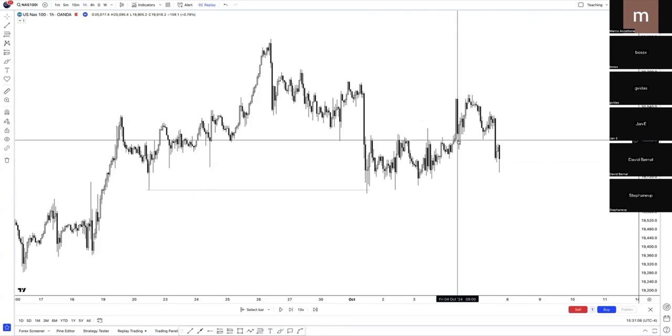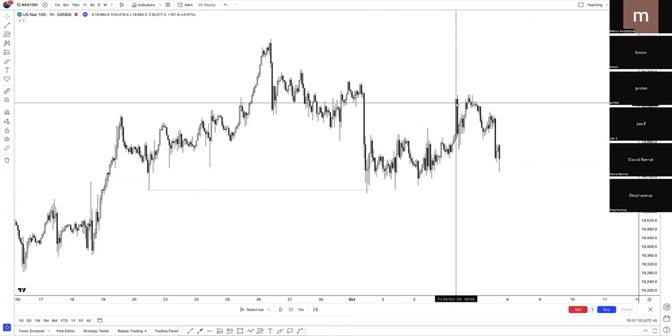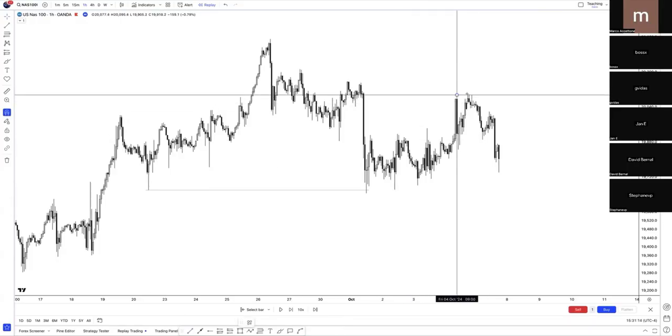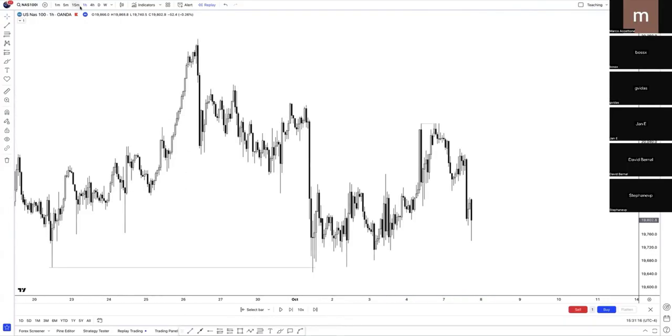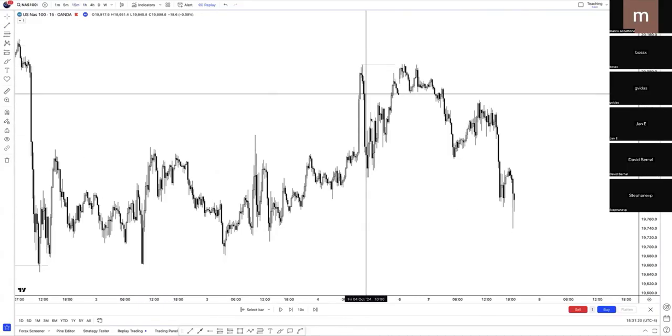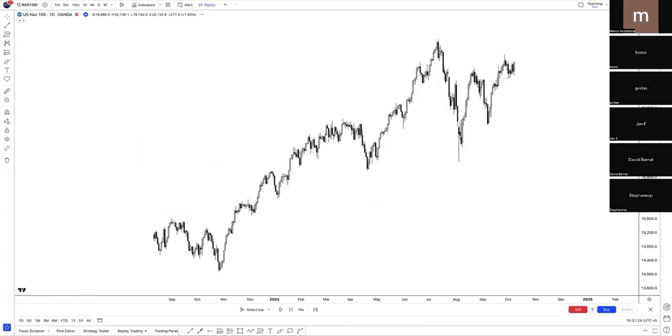So this was, I believe, end of the day on Friday. Okay, so Friday, New York, we left this high. Friday's high here, and then if I go to Friday's low, actually, we can just do this to mark it off.